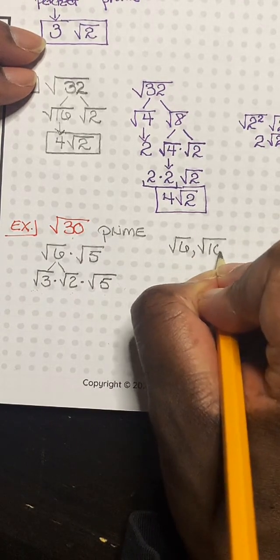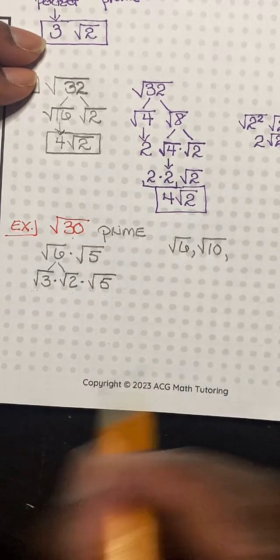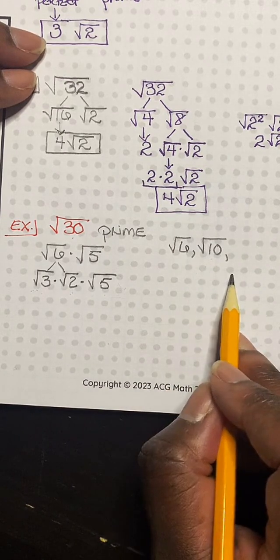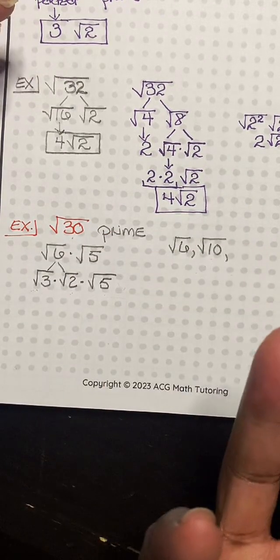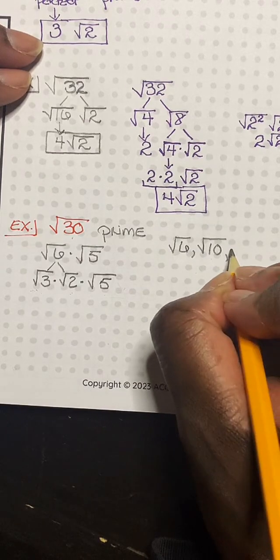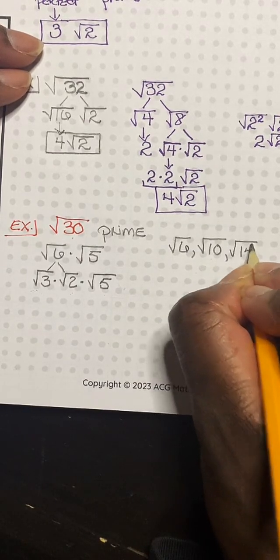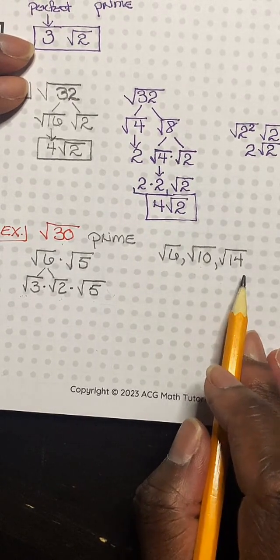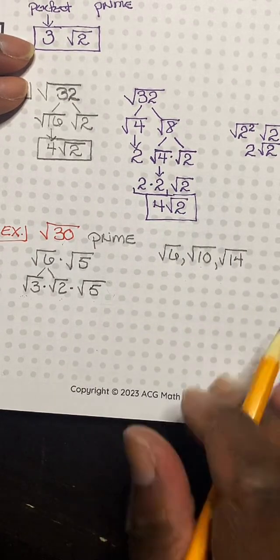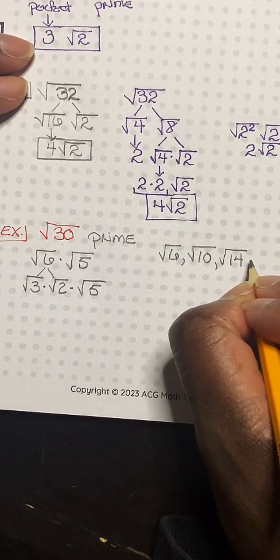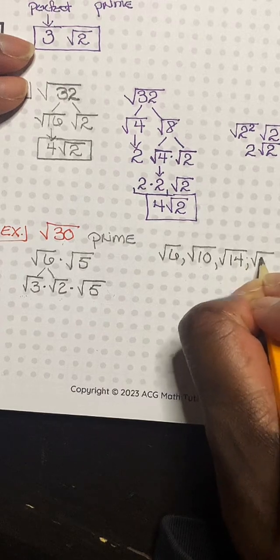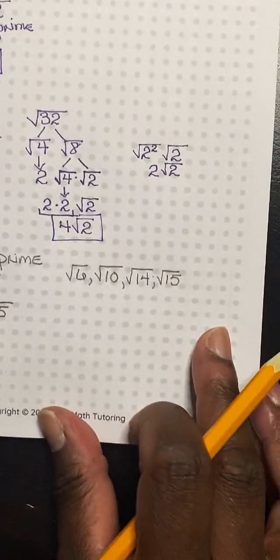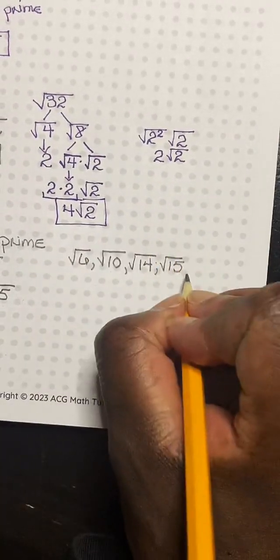Square root of 10 is also one of those special radicals, because if I try to break down the square root of 10, I'm just going to get 5 and 2. 2 prime numbers. Can't do anything with it. Same with the square root of 14. Only thing I can get out of 14 is 1 and 14 and 7 and 2. Guess what? Boom. More prime numbers. Square root of 15. Because all we can get is 5 and 3. Let's see.